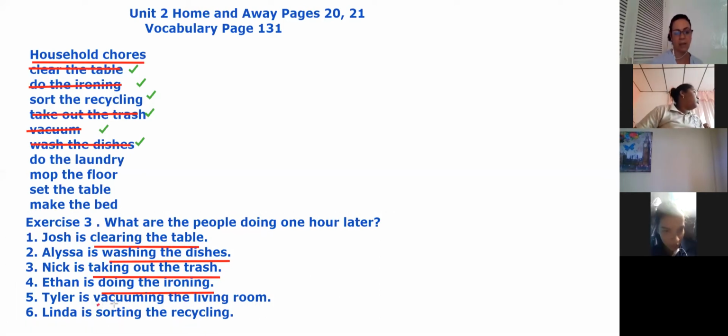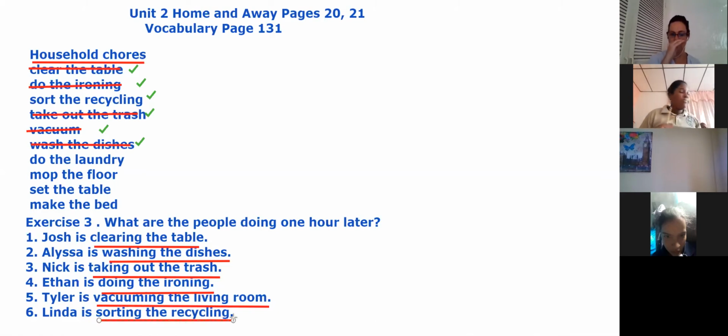Tyler is vacuuming the living room is what I filled in. I put all this. Let's see if I can pull it over. Okay. And Linda is sorting the recycling. These are household chores.